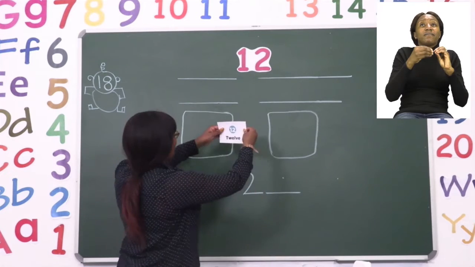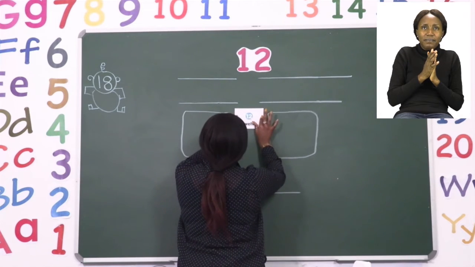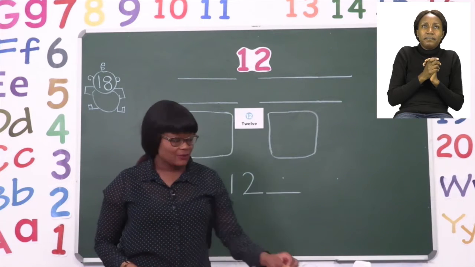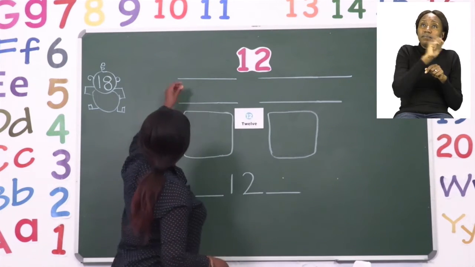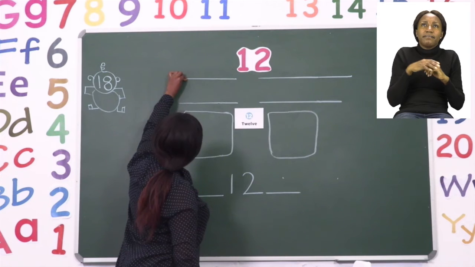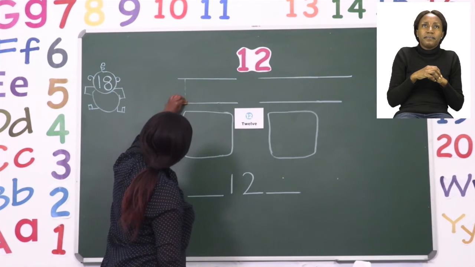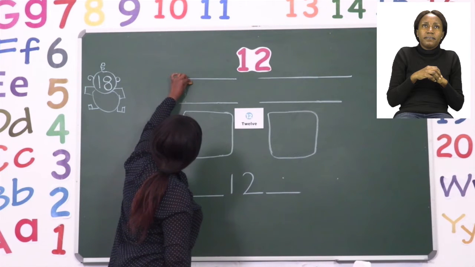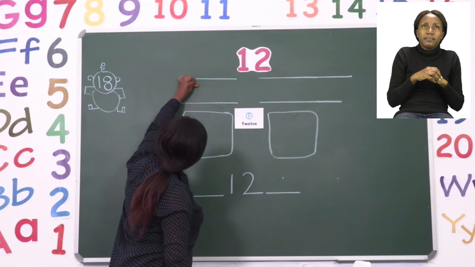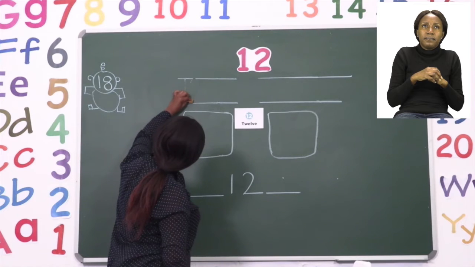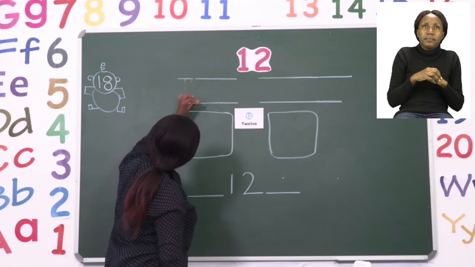So let me stick it up where we can all see it. And then the first thing we're going to do is write the number. So we start by making a 1, going from the top line down to the bottom, and then a 2. Making sure that we do not lift up our pencil until we are done.